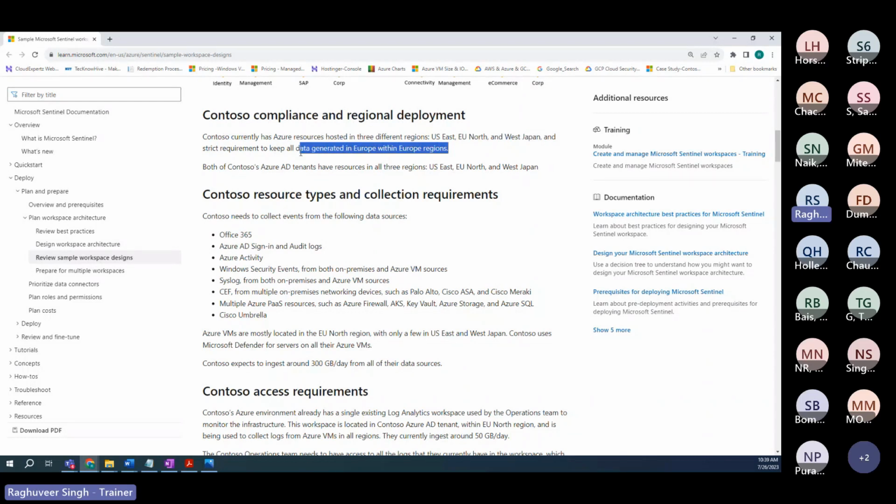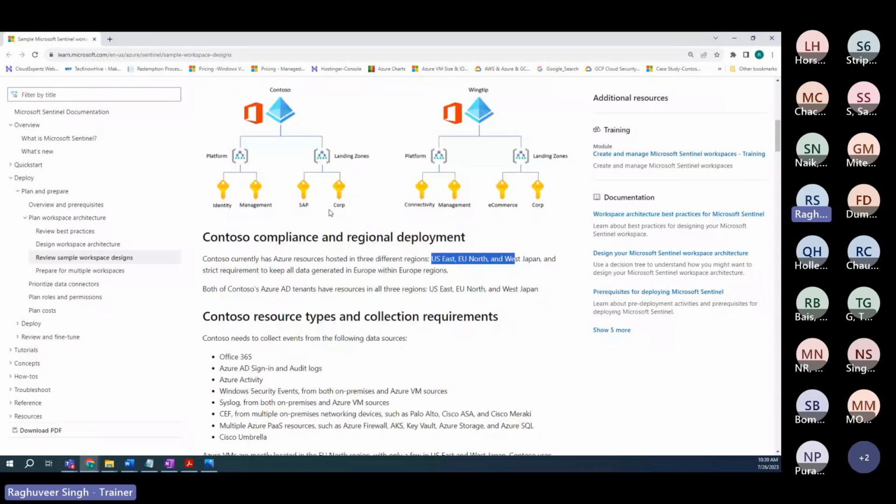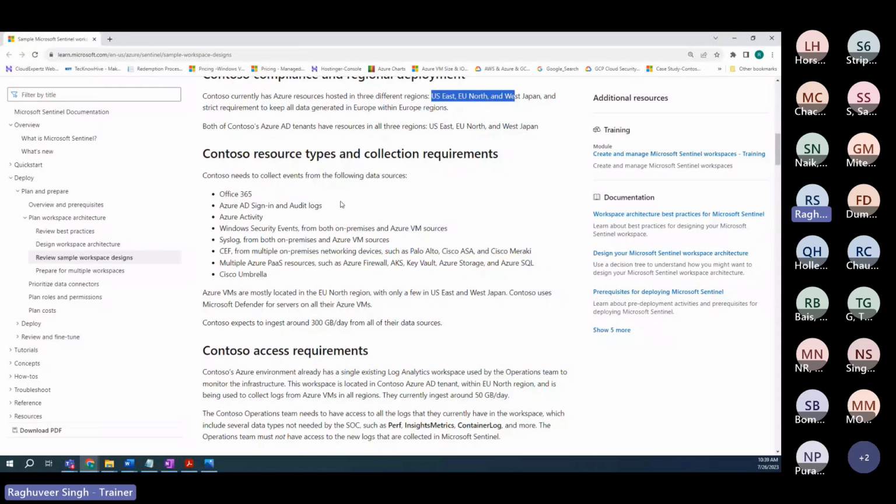Strict requirements only with Europe, because you already know GDPR is there. For the rest of the geographies, it is not that strict. Now, both of Contoso's Azure AD tenants have resources in all 3 regions: US East, Europe, and Japan. With this architecture, you will understand the most difficult part, and then the rest will be very easy for you to understand.